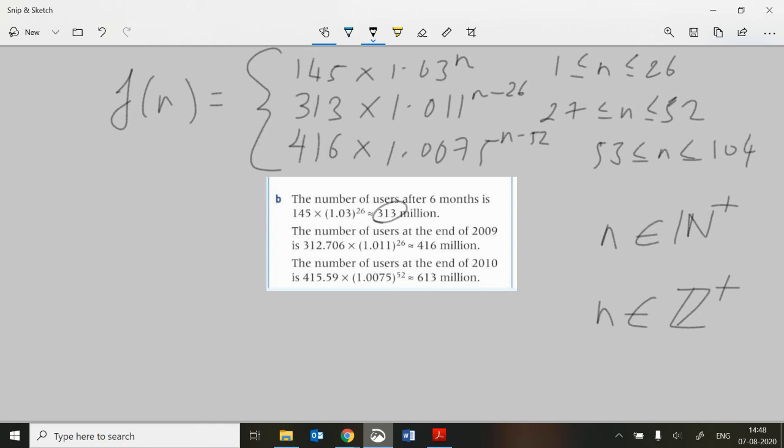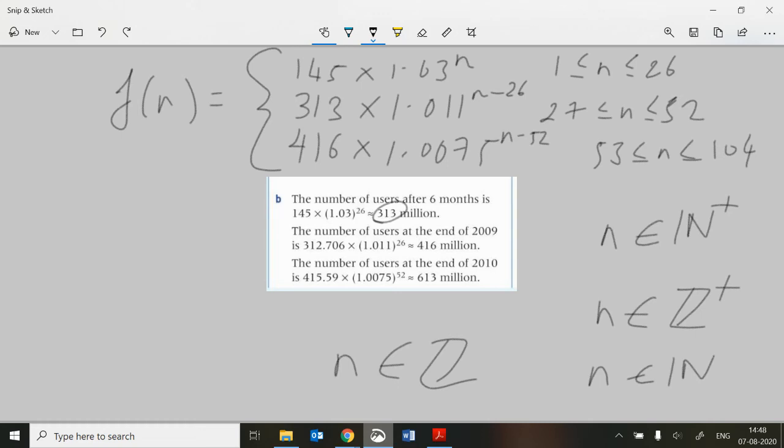We don't really need the plus, but n is an integer. It's not any number in between those integers or whole numbers. Okay, so any of these would have been good things to have said there. You could even have said n belongs to integers because we've got this extra condition here as well.